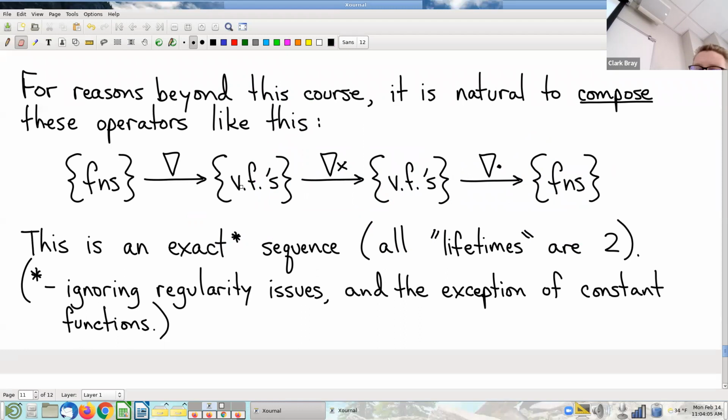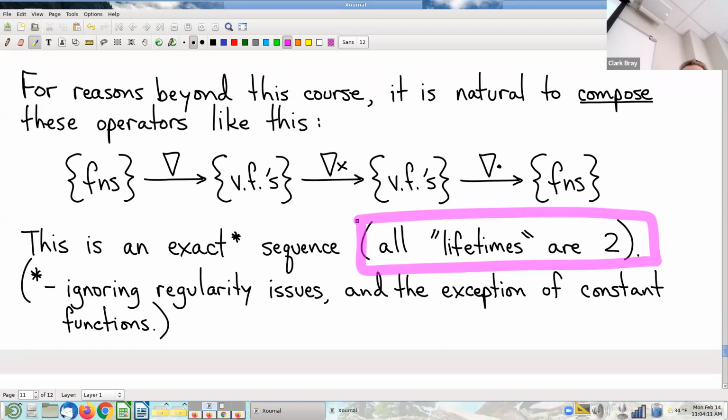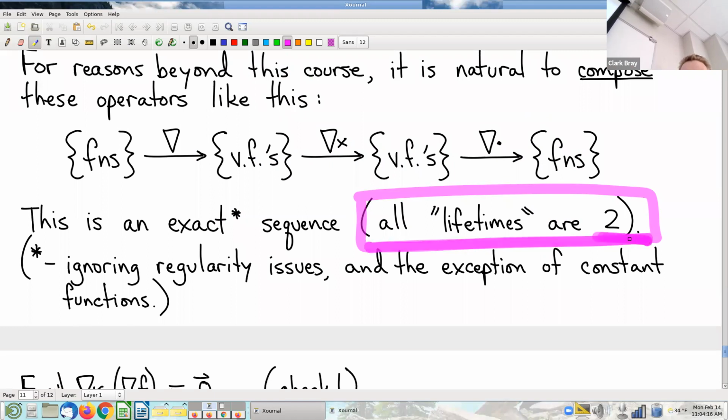And if you work with the metaphor, then a really amazing fact that encompasses like 8 different mathematical statements is: all lifetimes are 2. Everything has a lifetime of 2, with one exception. Let's not dwell on the exception. So, for example, if you have a vector field and you take its curl, okay, fine.